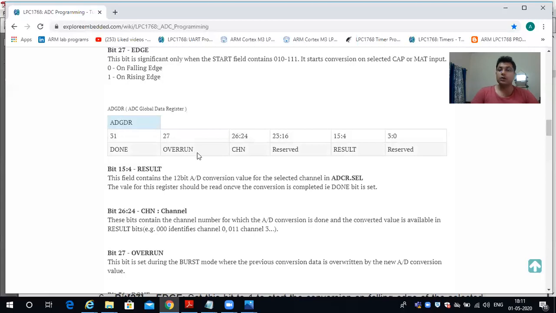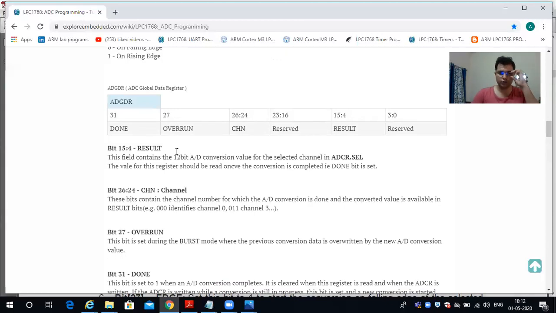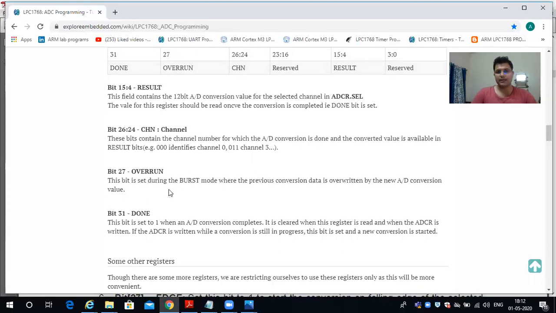Now, what about the overrun? The 27th bit is the overrun bit. This bit is set during the burst mode, where the previous conversion data is overwritten by the new conversion data. And there is one more catch here.